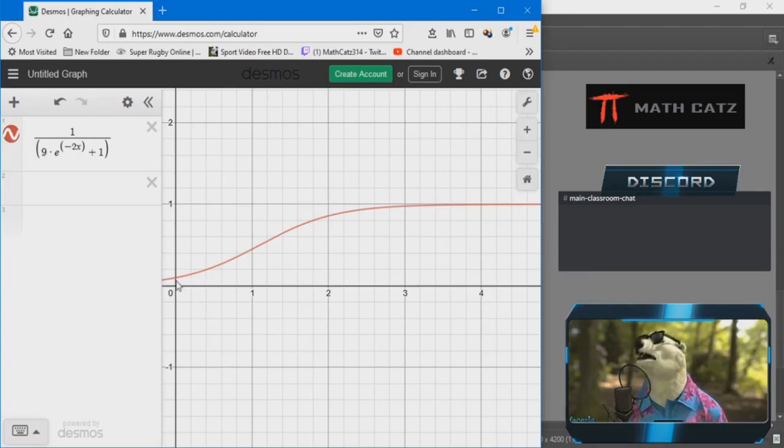So what I see here is I have my initial population size of 0.1, and initially I have basic exponential growth, but very quickly it's going to turn and become that capacity shape that we saw.